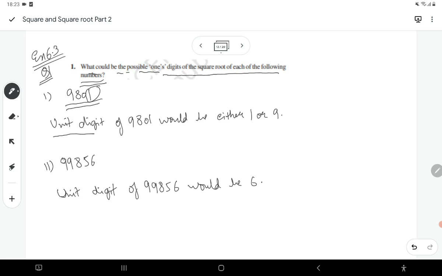So the unit digit of the square root of 9801 would be either 1 or 9, as the numbers having the unit digits 1 or 9 have squares ending in 1 at the unit place, so it's reverse. Next part says 99856. So the unit digit of the square root of 99856 would be 6.